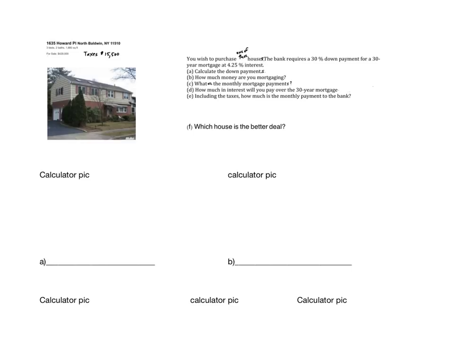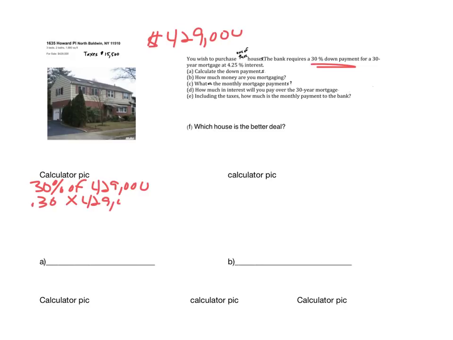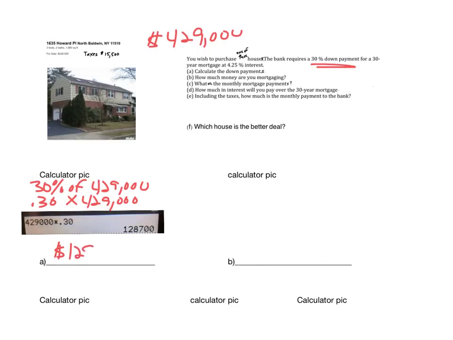So for the North Baldwin house, it's $429,000. So to figure out Part A, the down payment, the bank is requiring, again, the same bank, the 30% down payment. So we'll do 30% of the $429,000. So 0.30 times 429,000. So this North Baldwin house, its down payment is going to be $128,700.